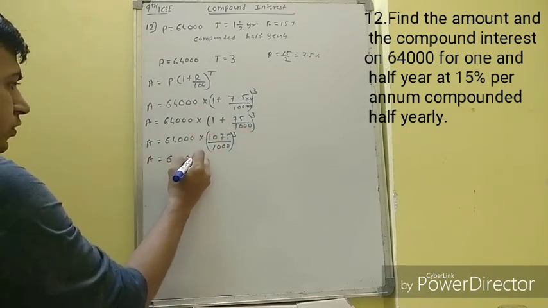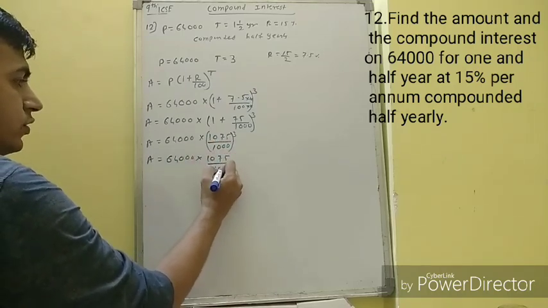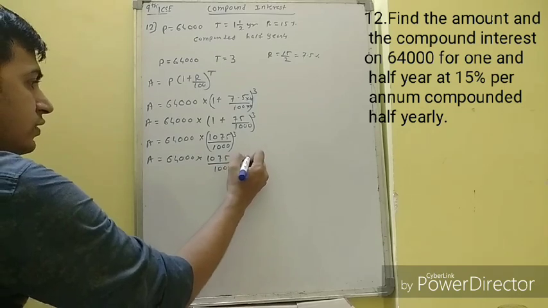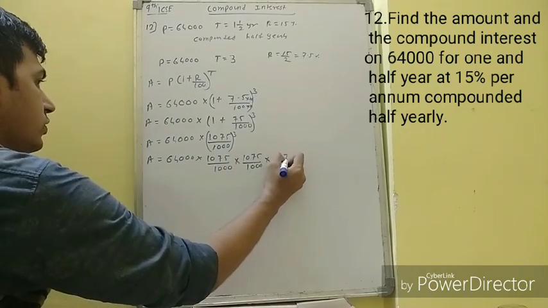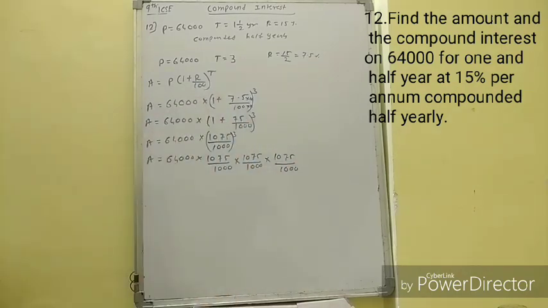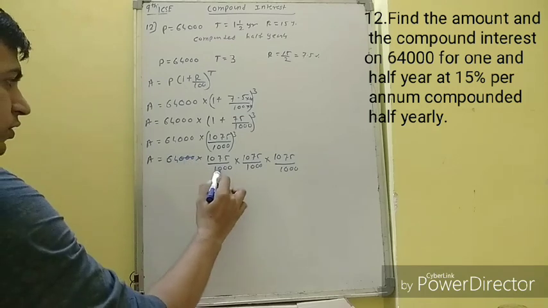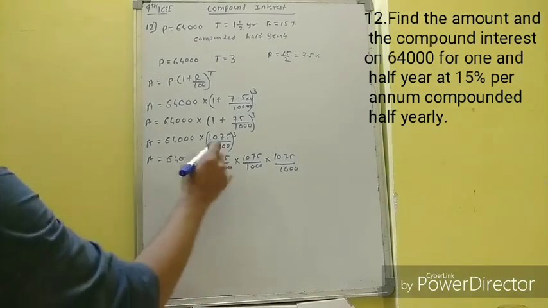Amount will be 64,000 multiplied by 1075 upon 1000, 1075 upon 1000 and 1075 upon 1000, 3 times, because it is raised to 3. See this, 3 zeros directly will get cancelled. So now we will try to reduce this.